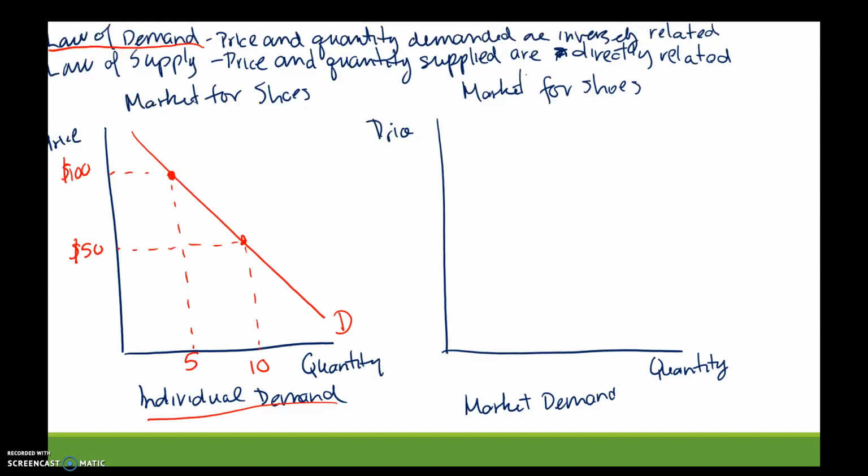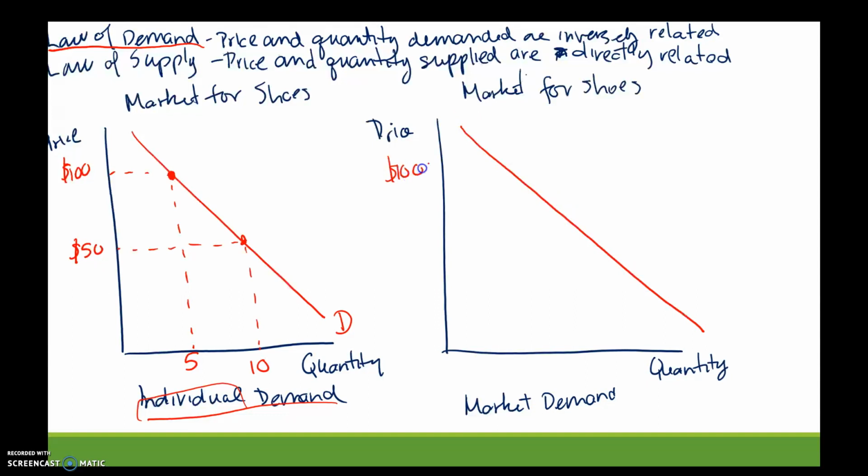Now, if we drew a graph that wasn't just an individual's curve, but the curve for the entire market, and we can define market pretty much however we want. It could be the whole city, or the whole state, or the whole country, or the whole world. But we know that if we're adding the individual demand curves, how much each individual would buy at every price, we're obviously going to have more when we add them all together.